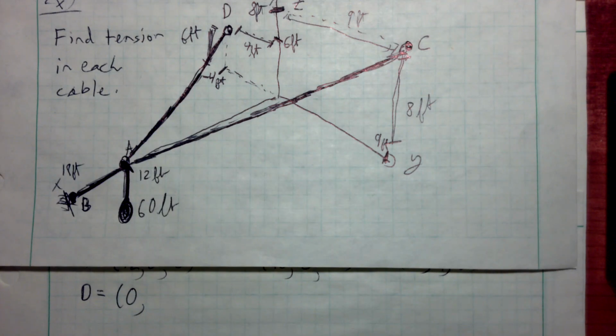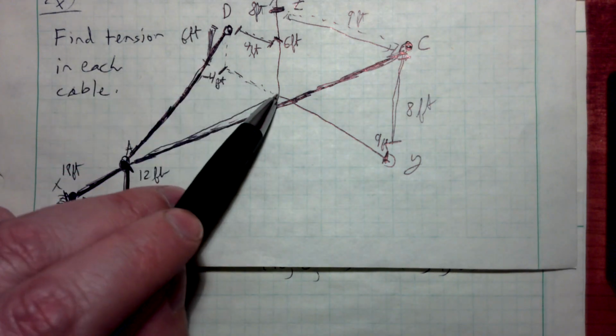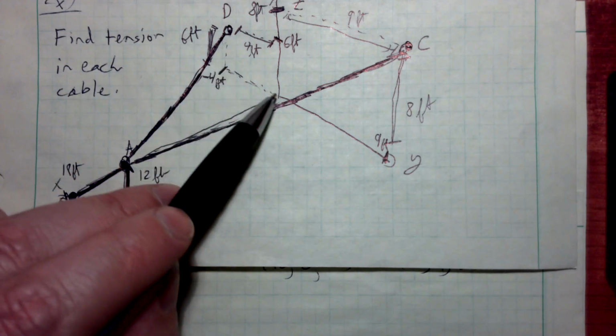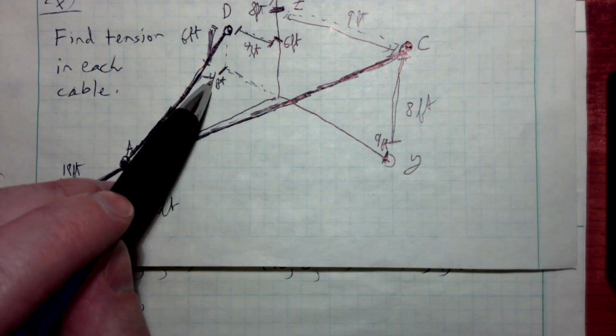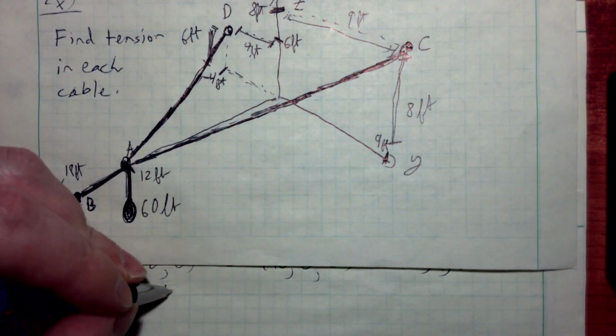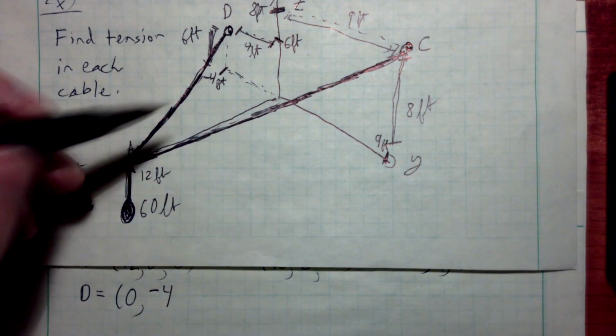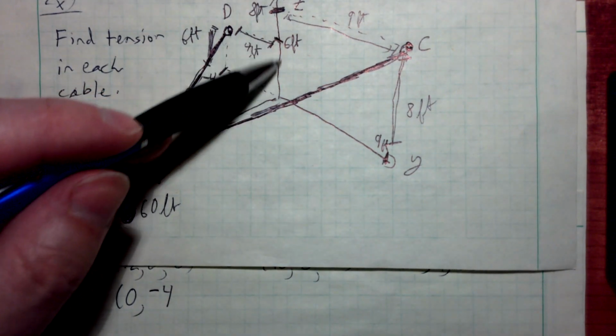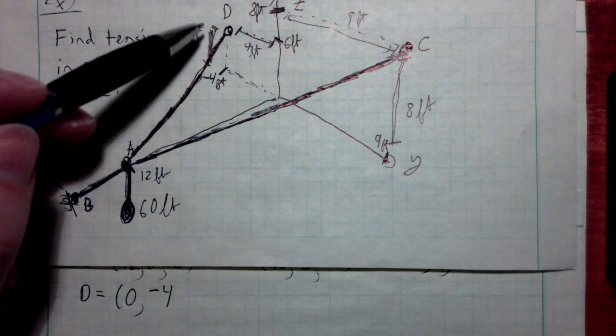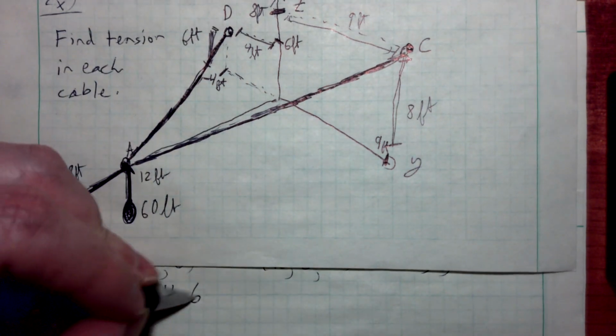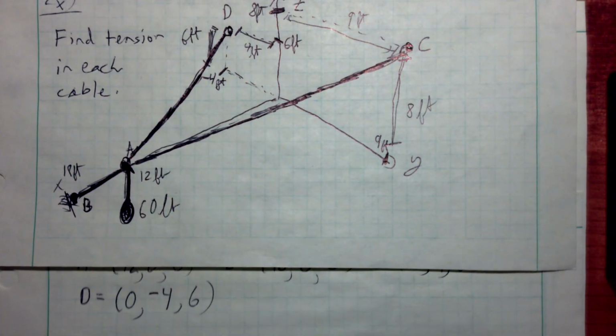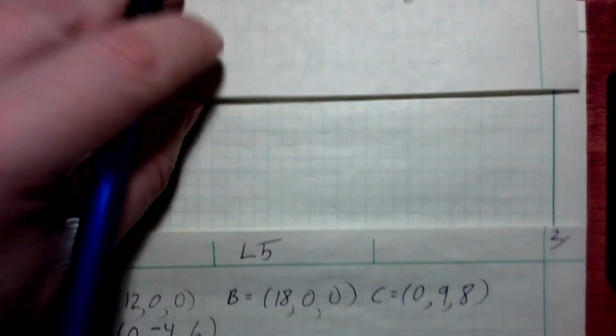Point D is 4 feet from the origin in the y direction, but it's minus 4. It's 4 feet back here to the left. And then it is up 6 feet from the origin to get to D, so it's a positive 6 on the z-axis. And each of these are feet.